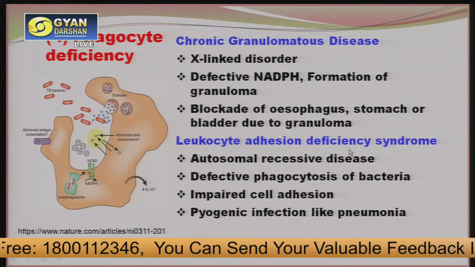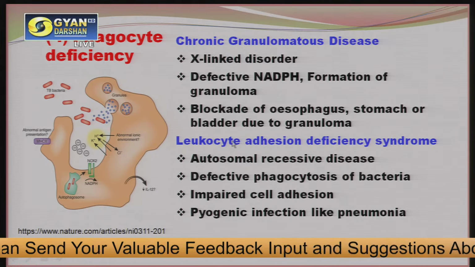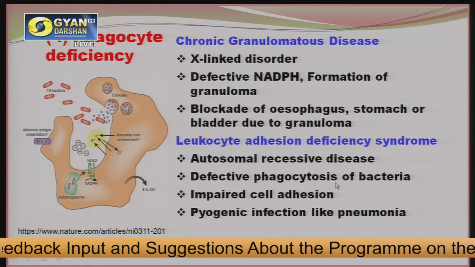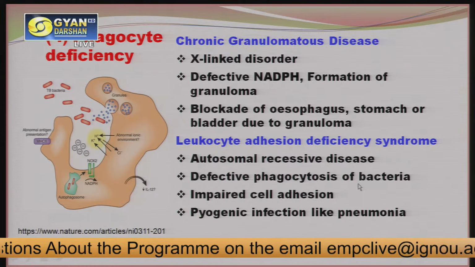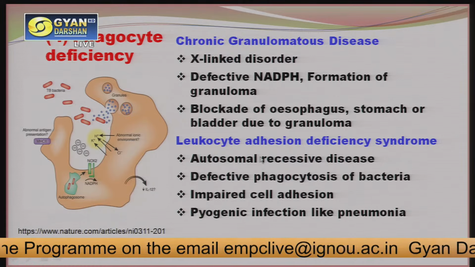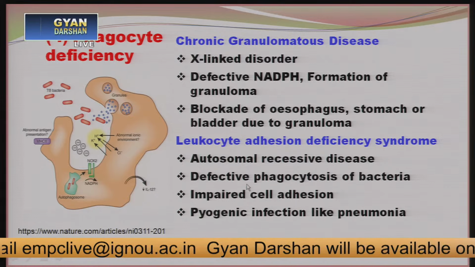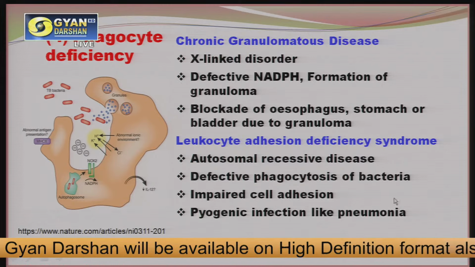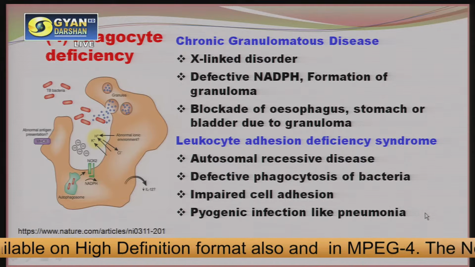And leukocyte adhesion deficiency syndrome is an autosomal recessive disease. There is defective phagocytosis of bacteria, they are not able to phagocytize the bacteria, and cell adhesion is impaired, cell to cell adhesion will not take place, and pyogenic infection like pneumonia will take place.